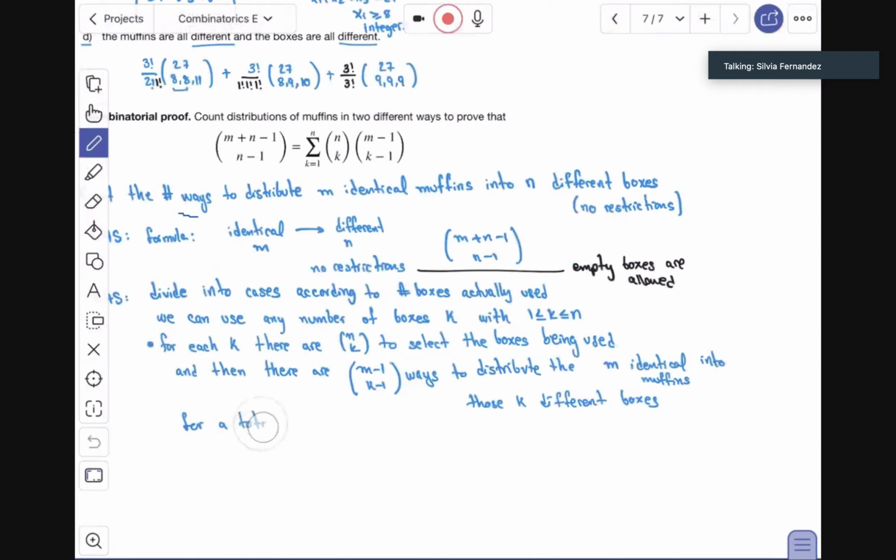For a total of n choose k times m minus 1 choose k minus 1 distributions for each k.